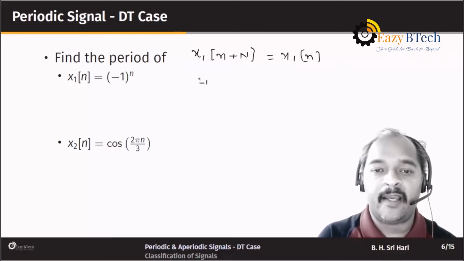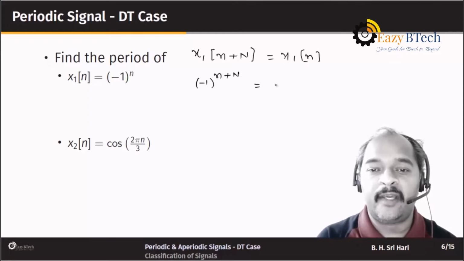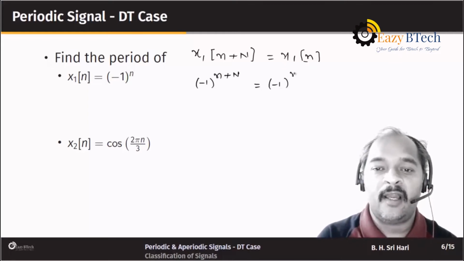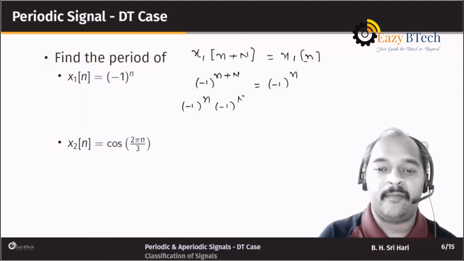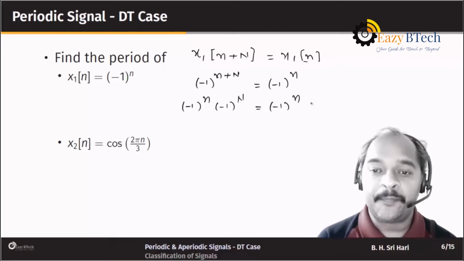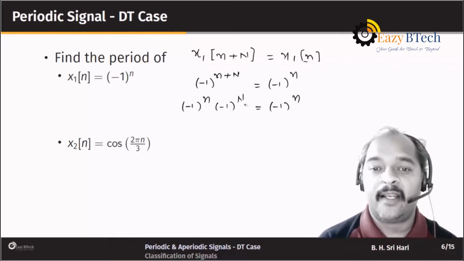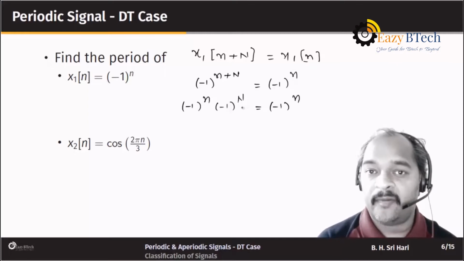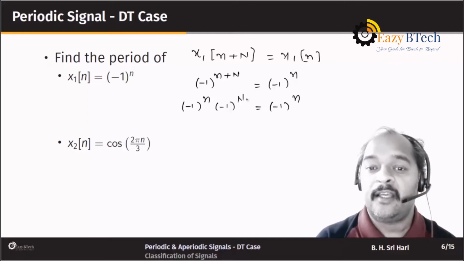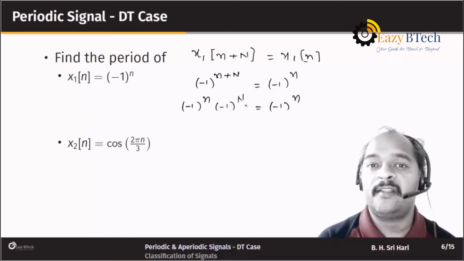We have to replace small n with small n plus capital N. So what do we get? Minus 1 power n plus capital N should be equal to x1 of n, which is nothing but minus 1 power n. Then we split this: minus 1 power n multiplied with minus 1 power capital N should be equal to minus 1 power n. So what should capital N be here? N should be a positive integer, and hence N equal to 0 is ruled out. What is the least integer value of N for which this condition is satisfied?